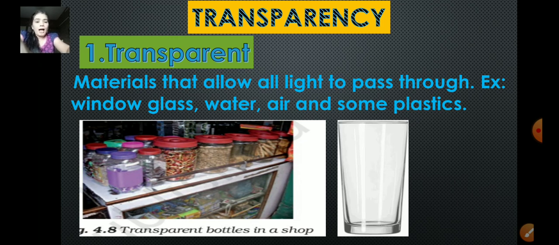So have you ever thought why shopkeepers use glass boxes to keep their things? Because shopkeepers usually prefer to keep biscuits, sweets and other eatables in transparent containers, or plastic containers.